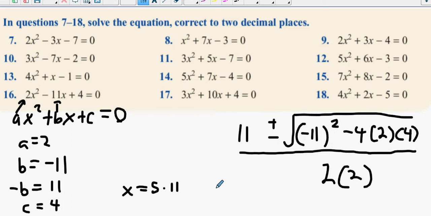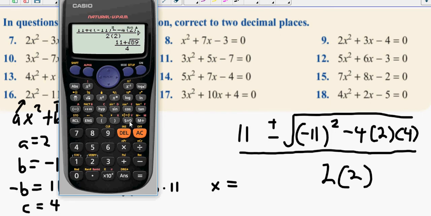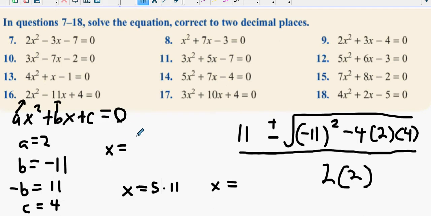My next answer, however, I'm going to have to go backwards. Now to be fair, guys, just before you do that, I would like you to write down the second last step. I'd like you to write down 11 plus root 89 over 4, just to show the examiner that you've used the calculator and there's 2 steps to the answer. Is that okay?